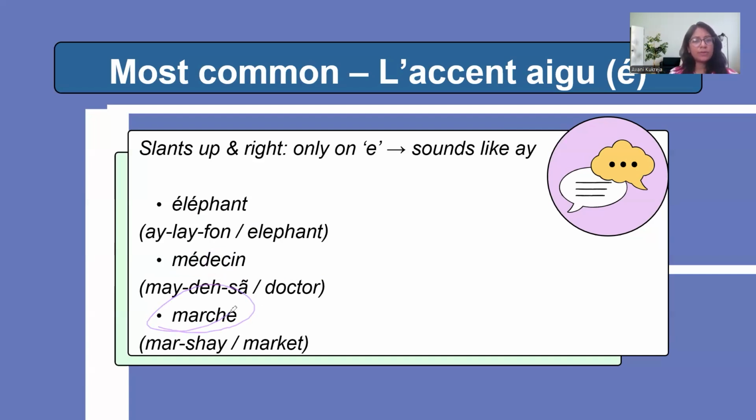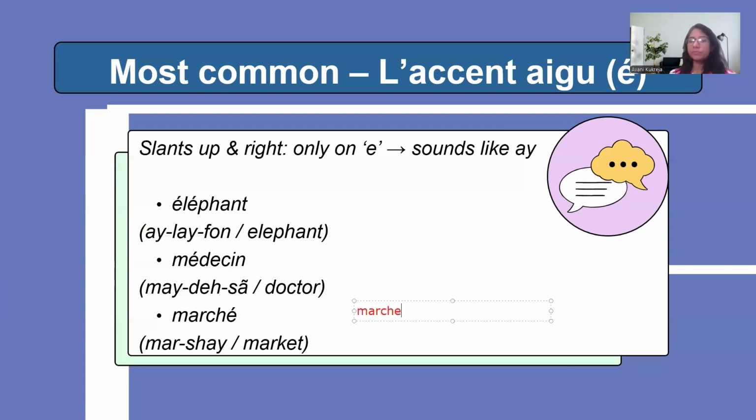Now try this one. How do we pronounce this word? Market in French. Marché. Correct. Now if the accent wasn't there, how would we pronounce this word? Marche. Understood? So this is one of the most common accents out of these 5. This is the most common one.